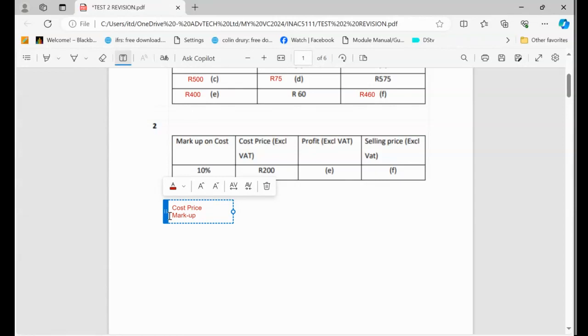Let me just say add so that you can understand. And then obviously, when we add the markup, we will always get our selling price. Okay. So it is similar to VAT.